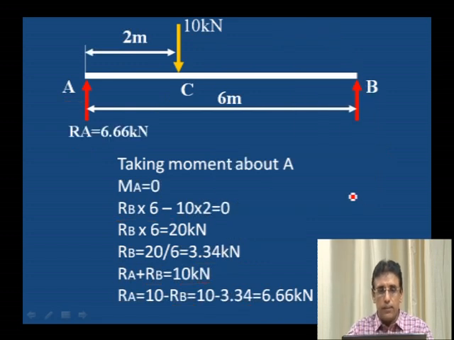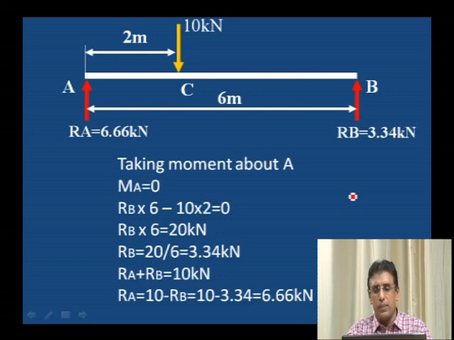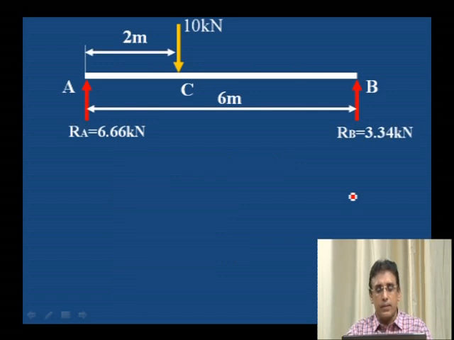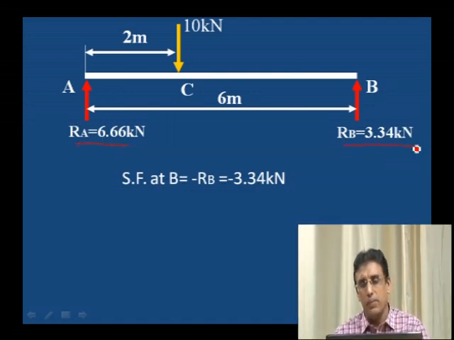Next, this is the RA value, 6.66 kilonewton. RB is 3.34 kilonewton, which acts vertically upward. Okay, now we have the reactions at A and B and also one downward force of 10 kilonewton.